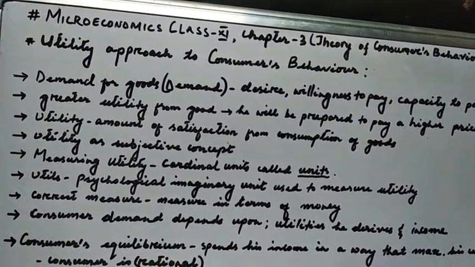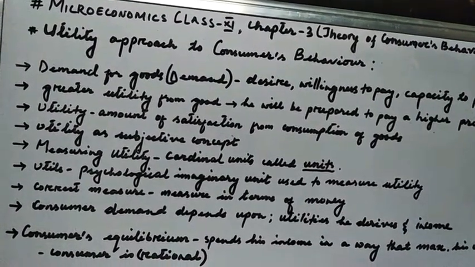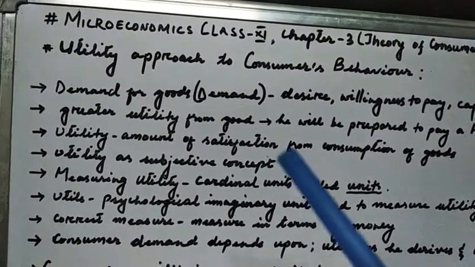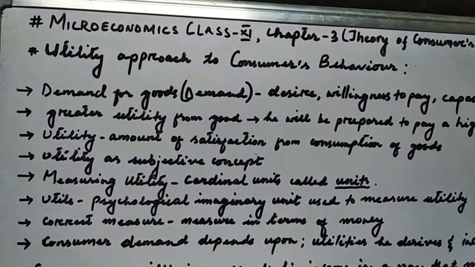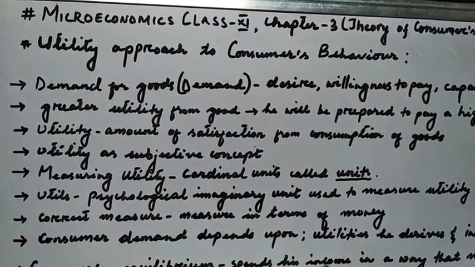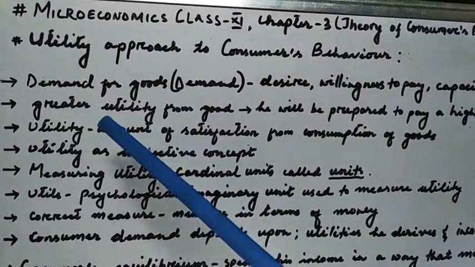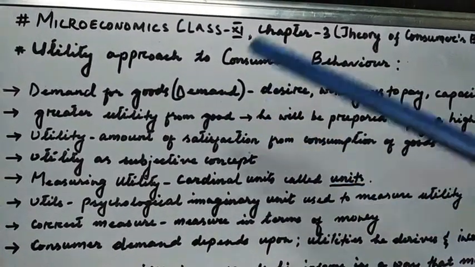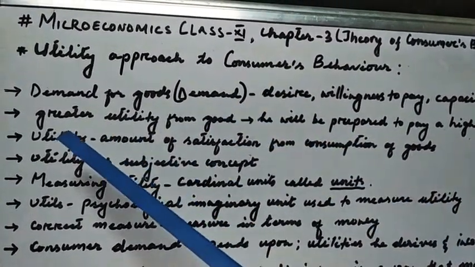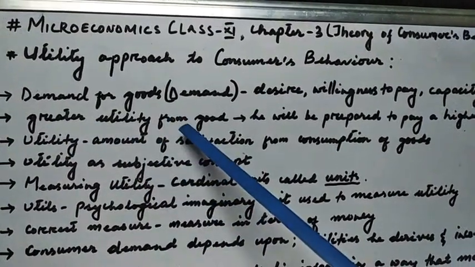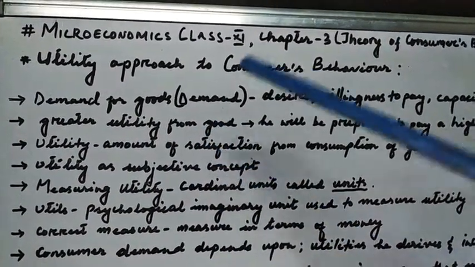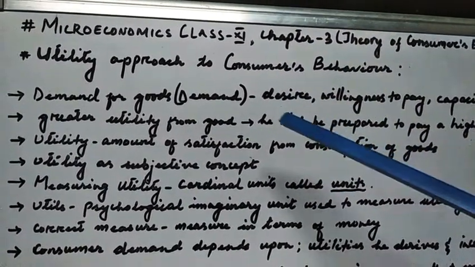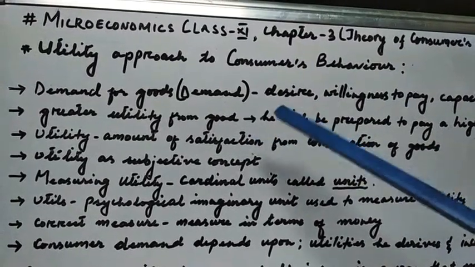And you know what a consumer will do? A consumer will demand a particular good when he derives greater utility from that good. So demand will increase when a consumer is deriving greater utility from that particular good. Demand for goods and services plays a very important role in determining the price of the goods.